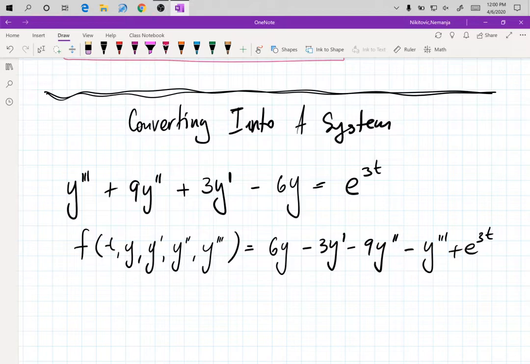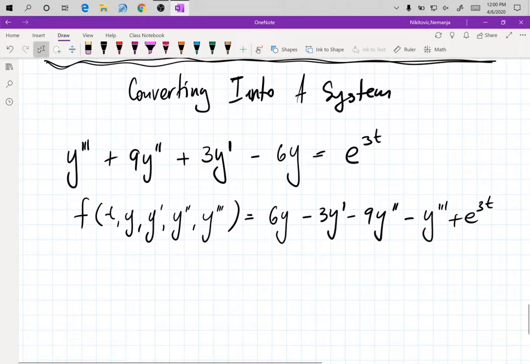And the trick is to start introducing variables now that will propagate through the problem. This is where 1, 2, 3 comes in because we have 3 derivatives, so we only need 3 variables in this case. But can you have 27? Yeah, and then you don't have enough letters in the alphabet. So I'm going to say that my new function y1 is y.